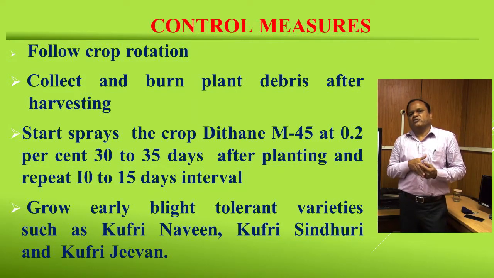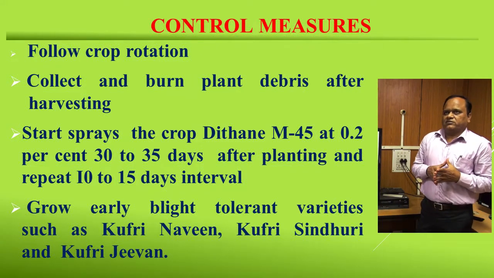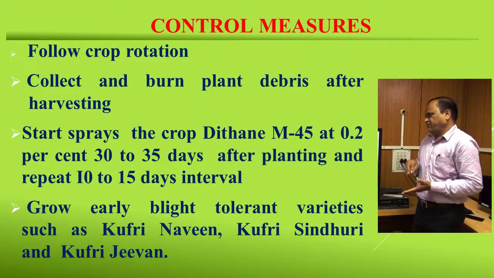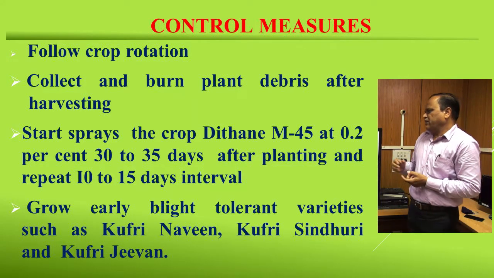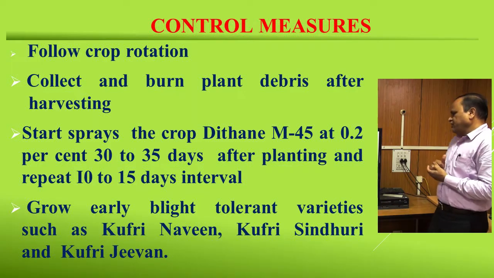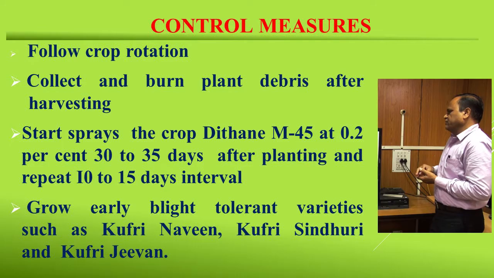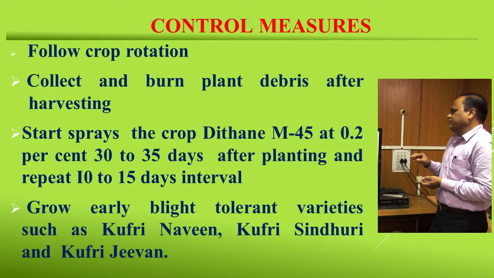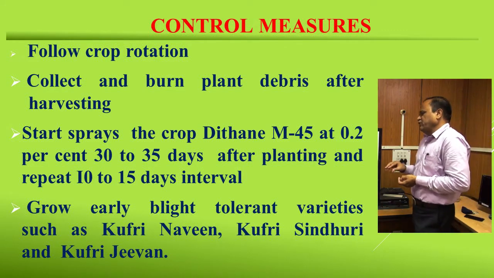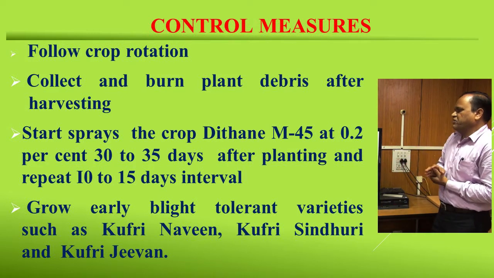So you have to rotate with a crop which is not in the same family. Then collect and burn plant debris after harvesting. Whatever plant debris is in the field, you have to collect the debris and burn it.